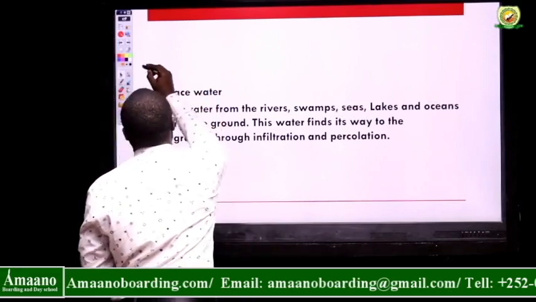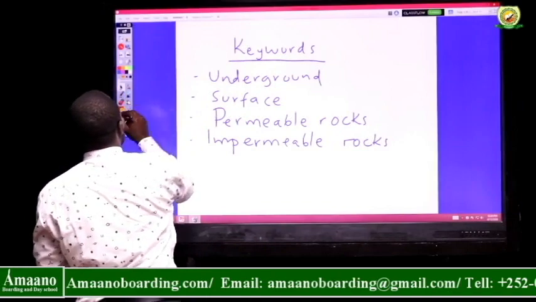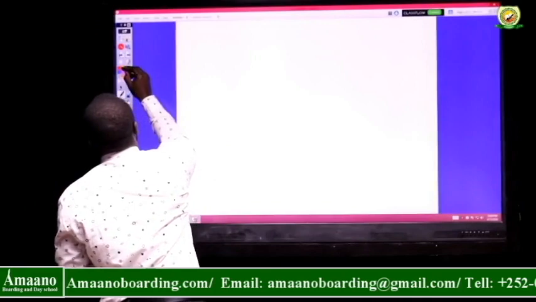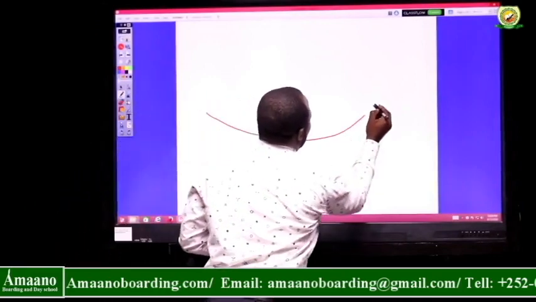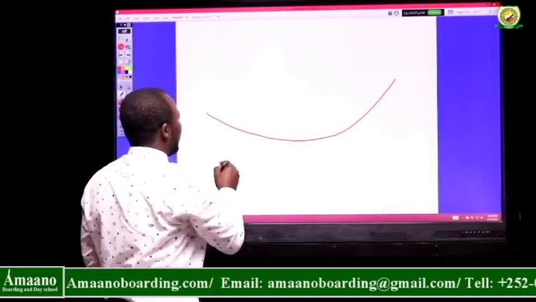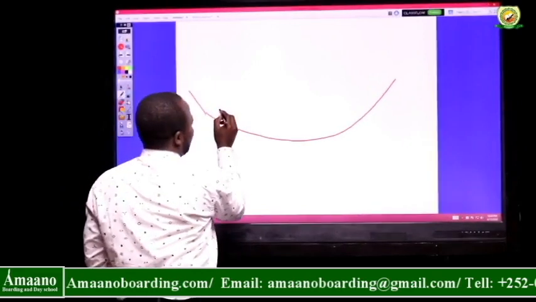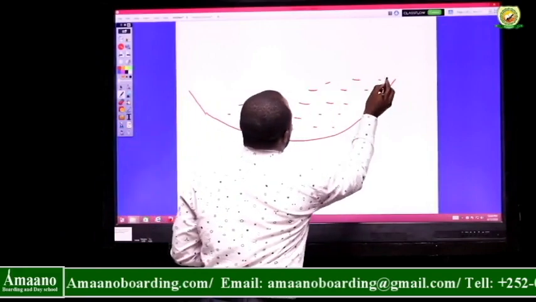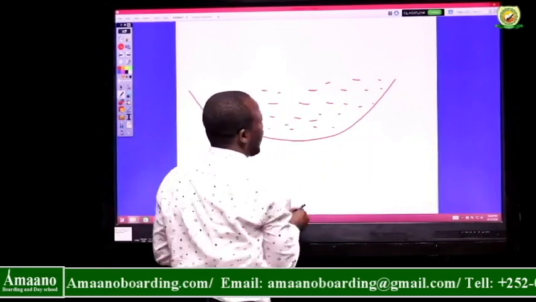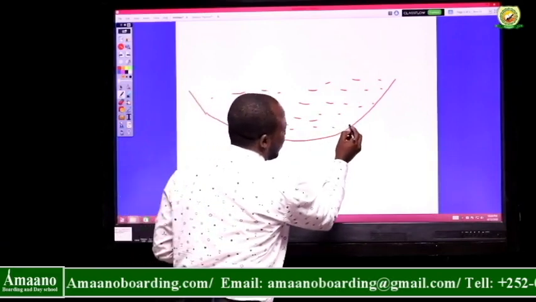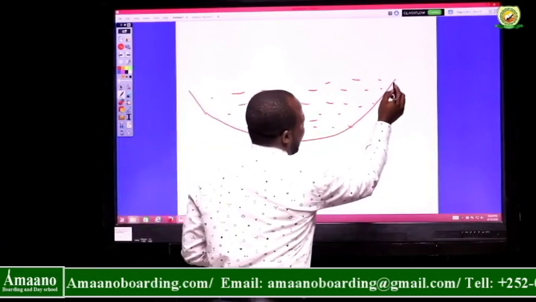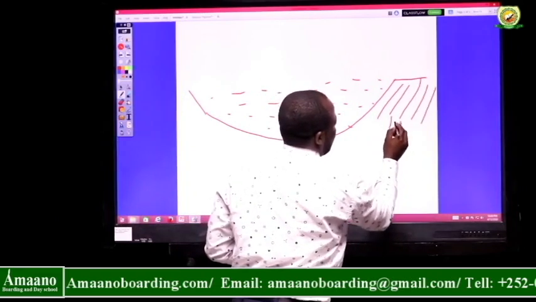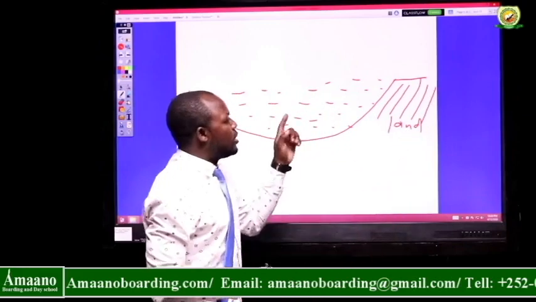Therefore, surface water, this water in the rivers, for example, if I may use an illustration here, if this is maybe a depression that I've drawn here, that is showing either an ocean having water. Now, what happens is that this water may percolate. To percolate means that if this is the land, this water may percolate.